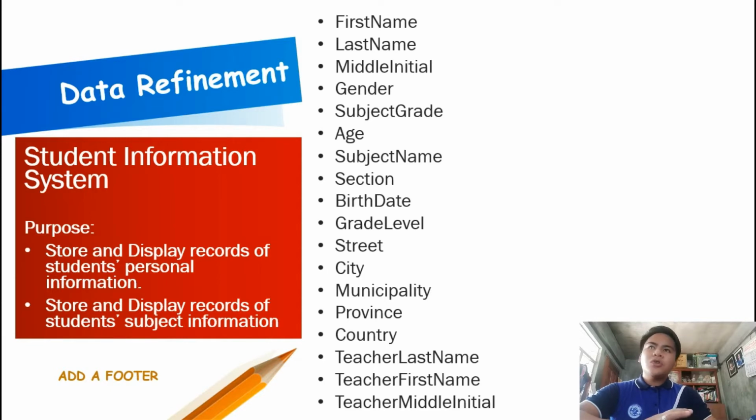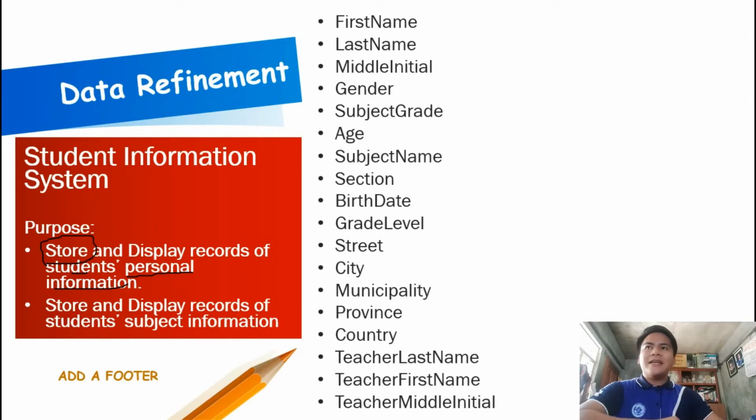Okay. Store and display. So it says here on the first purpose, we are going to store. So from the word store, maglalagay ba tayo ng information? Saan? Sa personal information. Kanino? Kay students. Kailangan ba natin ng container?